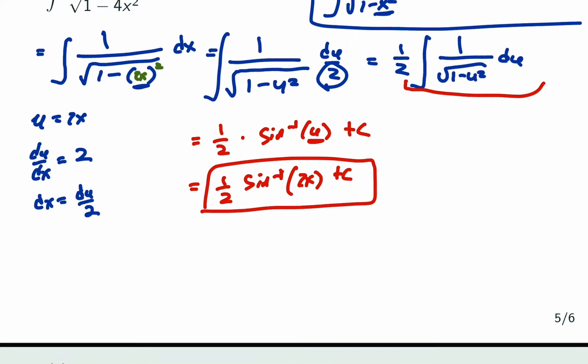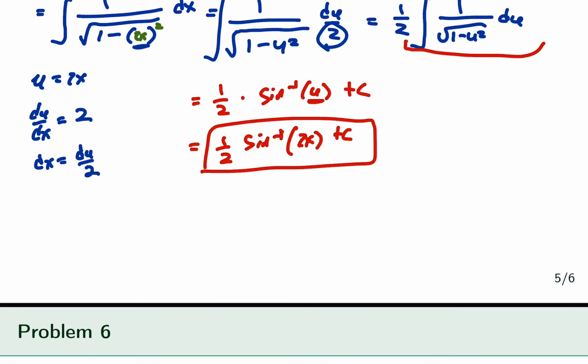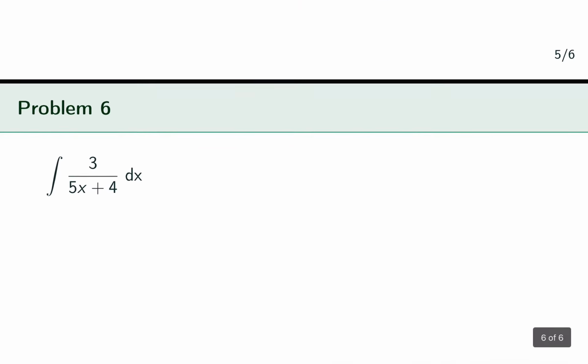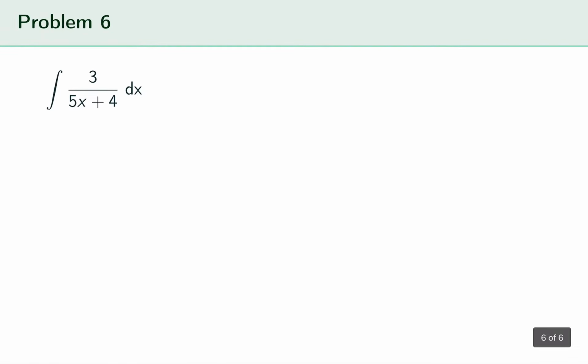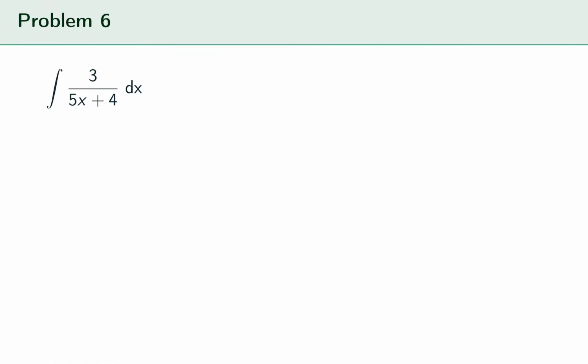Okay, so let's look at the next one. Problem 6. Indefinite integral of 3 over 5x plus 4 dx. Okay. So here let u be 5x plus 4, and du dx equals 5, and dx equals du over 5.